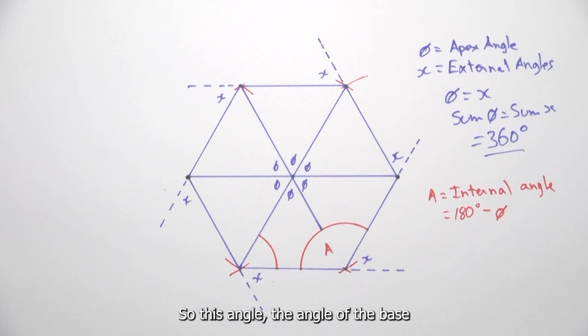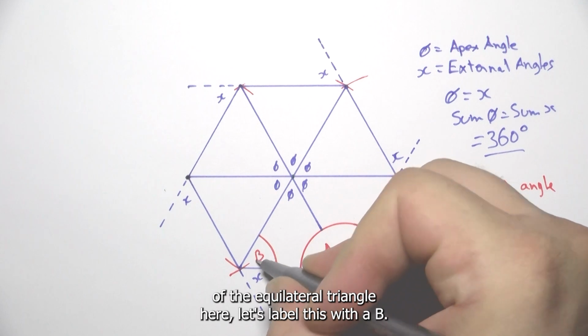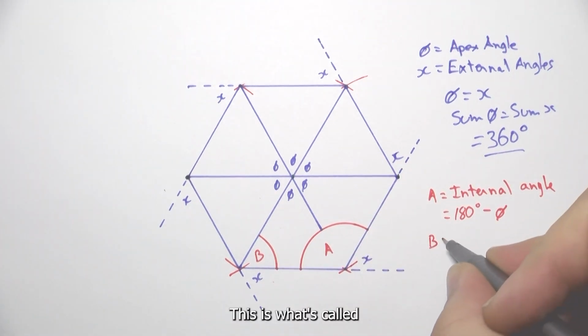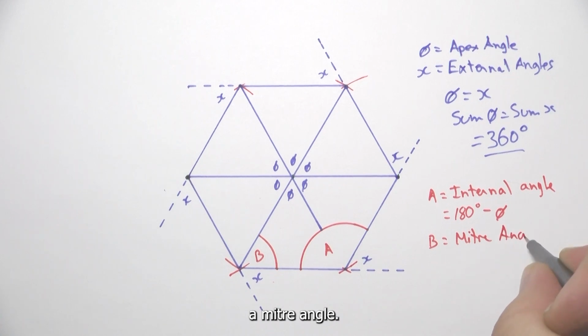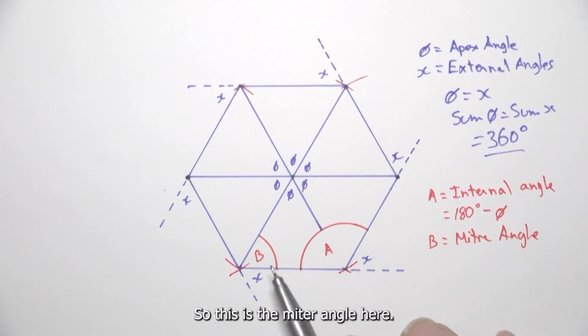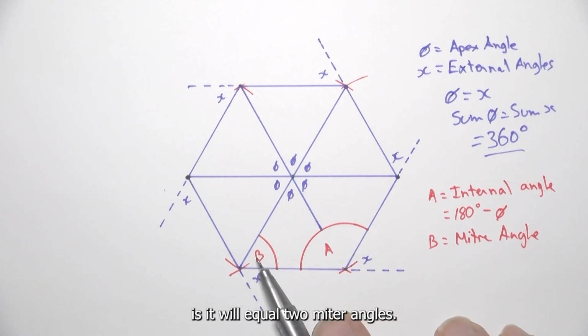So this angle, the angle at the base of the equilateral triangle here, let's label this with a B. This is what's called a mitre angle, right? So this is the mitre angle here. And all the internal angle will equal 2 mitre angles.